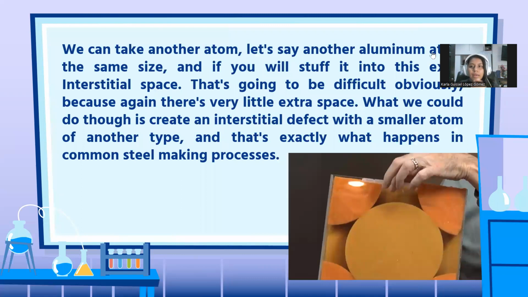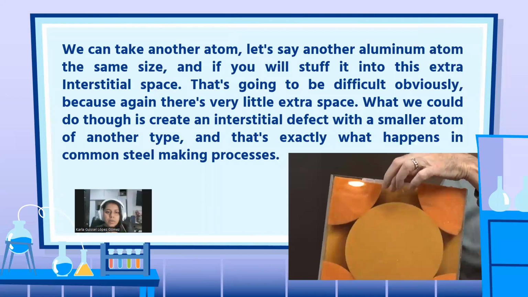So this is basically the summary of the lecture: the aluminum atom structure, like the image that I already showed you, but with this extra interstitial space where you could add other atoms.